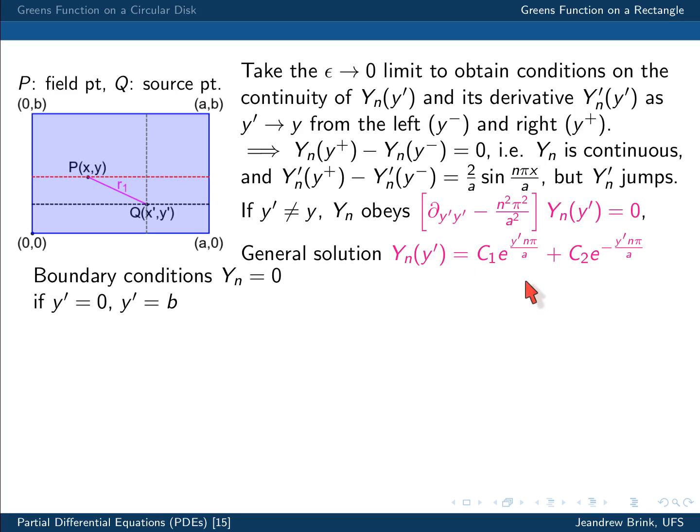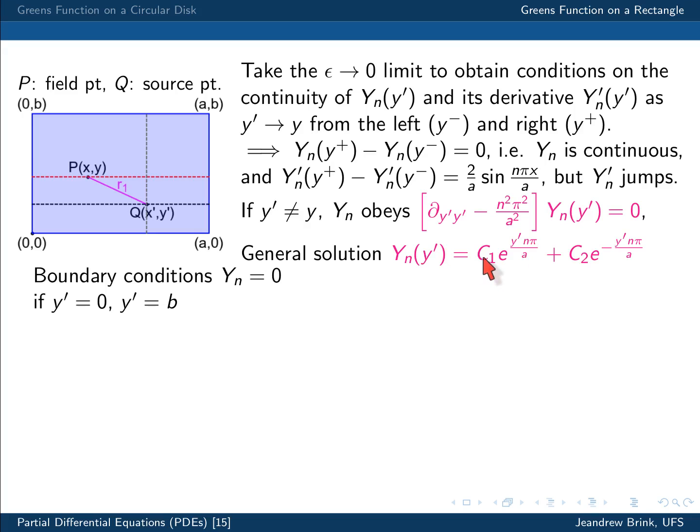If y prime is equal to 0, then C1 e to the n pi over a must be plus C2 e to the minus n pi over a, times 0. So it's basically C1 plus C2 must be equal to 0. And so C1 is equal to minus C2.